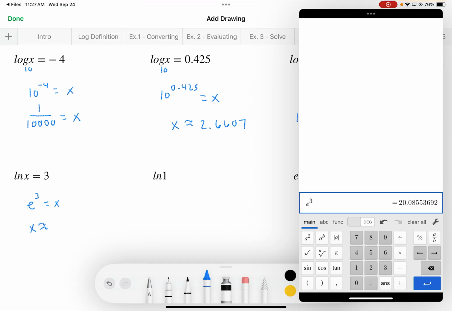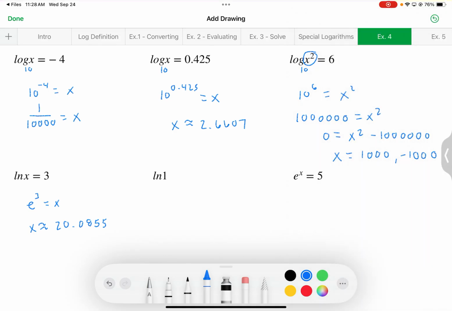So e to the 3rd power should be getting 20.0855 roughly. Okay, natural log of 1. So if I treat that like it's equal to x, we're saying e to what power equals 1? You don't need a calculator for that. 0.